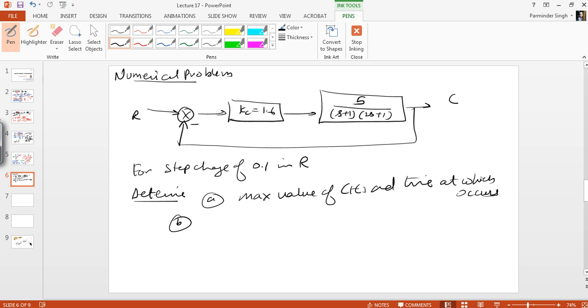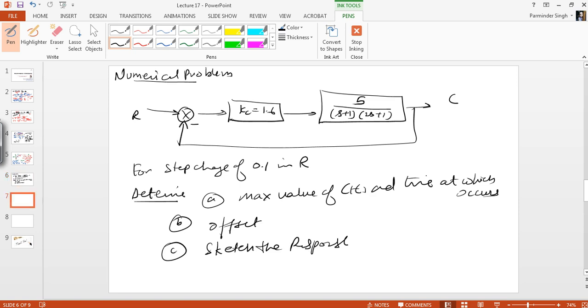Part B, we need to find out the offset. Part C, we need to sketch the response. Clear? Now in this case, what we're going to do is, it's a simple case.